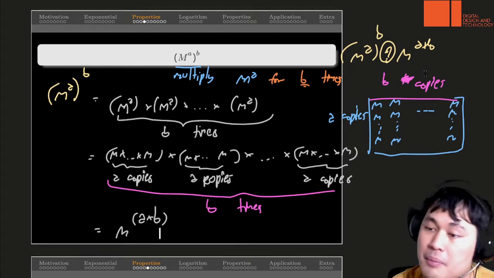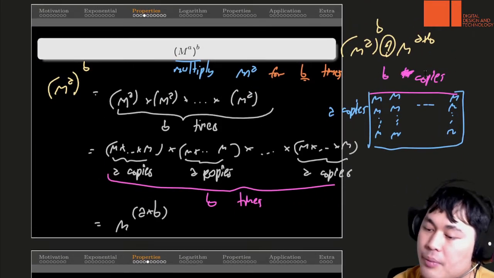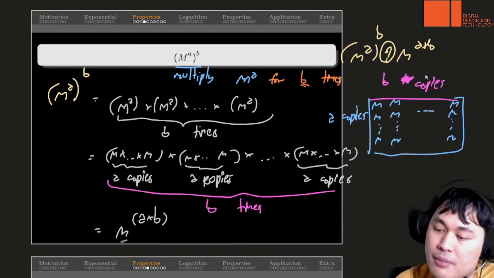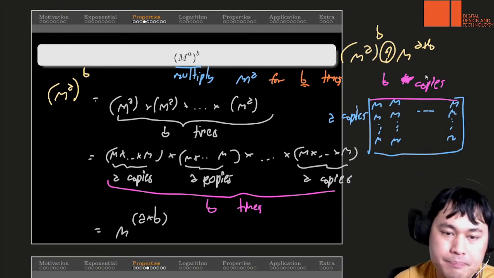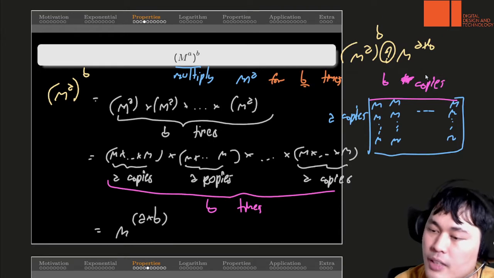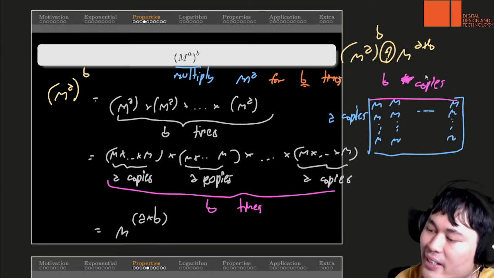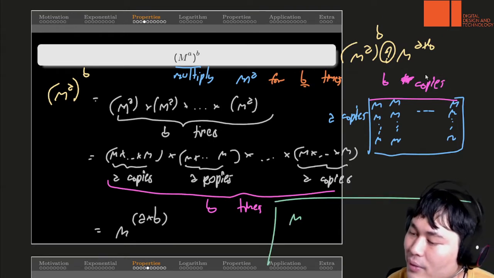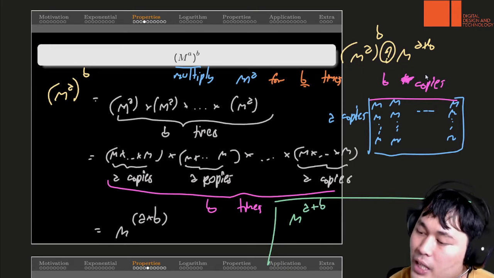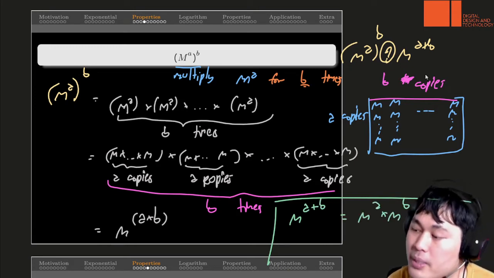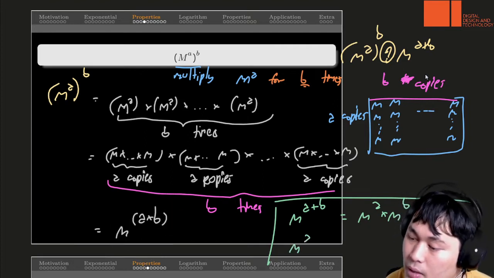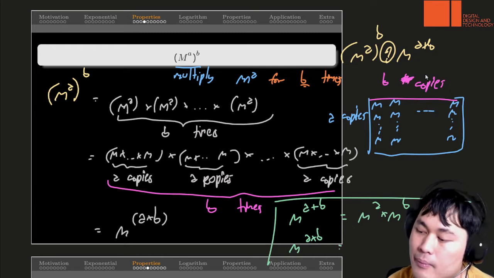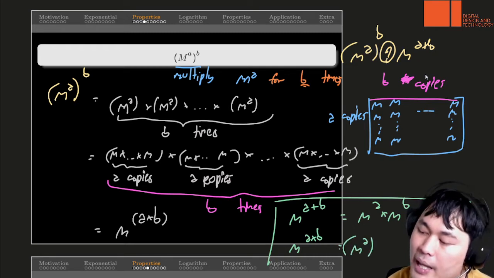So that's the third property of exponentials: a times b copies of this base m. Let me remind you that earlier we had that if you have a plus b, then you have m to the a times m to the b. But if you have a times b, then you have m to the a, to the power of b.